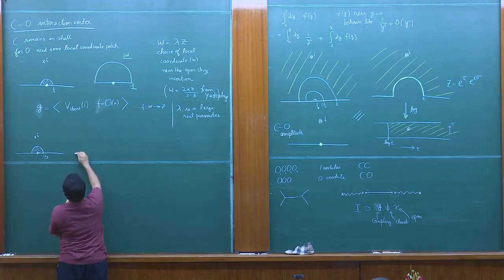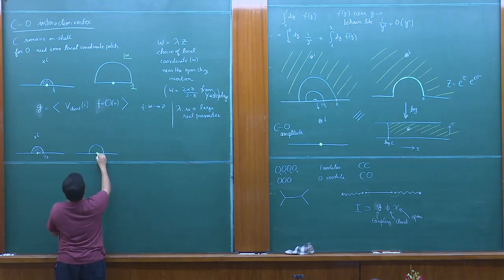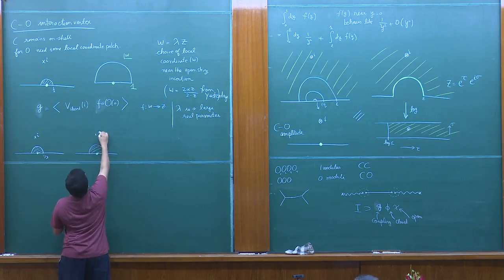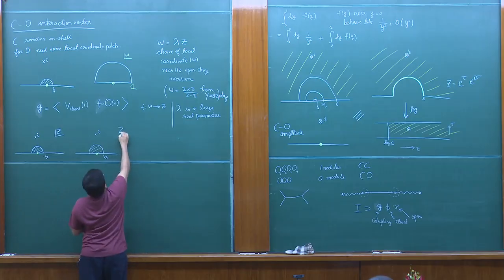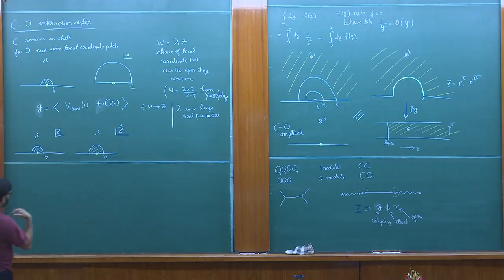And then there is a second copy of this, 1 by lambda shaded and I. I will call this Z and Z hat. So there are two open CO interaction vertices that we have drawn like this.